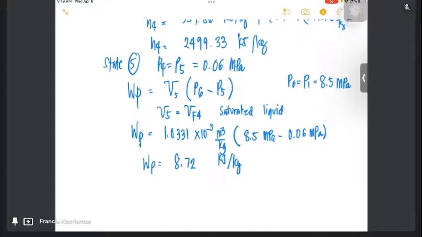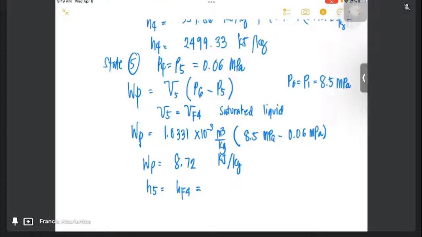In finding the H5, so balikan natin. H5. Tama class. Yung H5 natin, ano yung H5 natin? Since this is a saturated liquid, so this is just the F4.